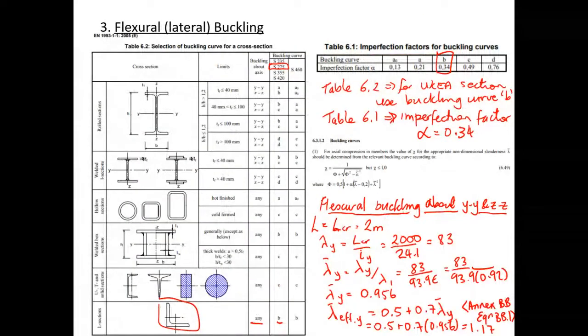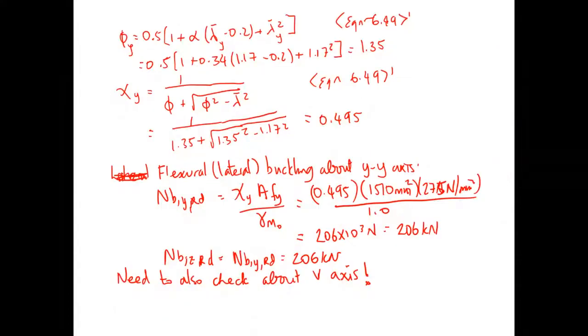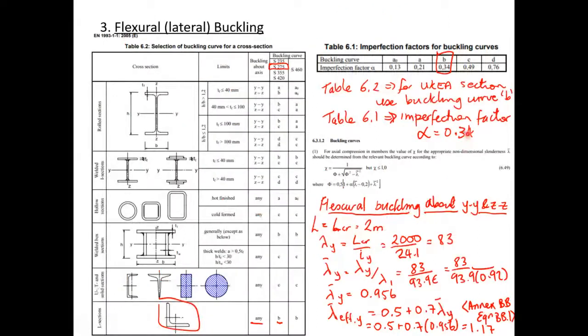So at the bottom of this page, we've got the normalized slenderness value about the y-axis, 1.17. We took that forward, plugged it in here and there, with the imperfection factor 0.34, which we got here.